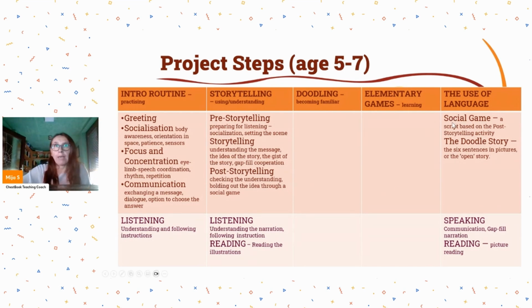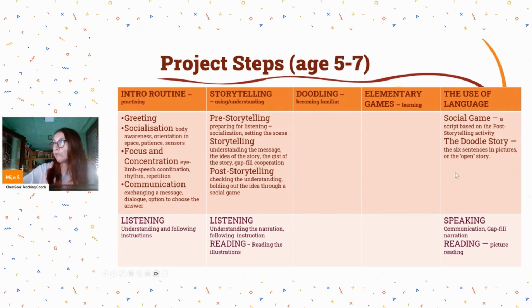For the social game, I, as a teacher, need to prepare the script in which there is a dialogue. What I would like children to say, so that from that dialogue, I create elementary games where children practice those dialogues.